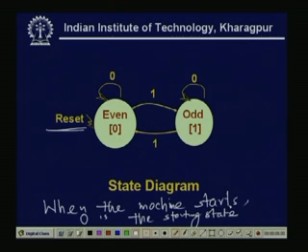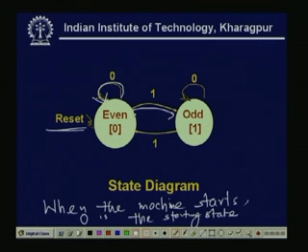Now, if a 0 input arrives, the next state will be even. So, it lies in the same state. Now, if a 1 input arrives with the even state, it will be shifted to the odd state.